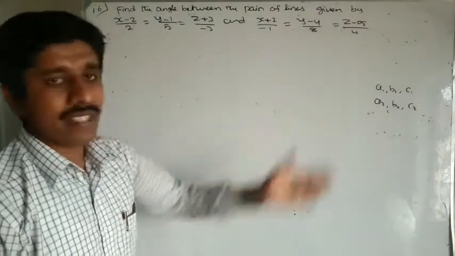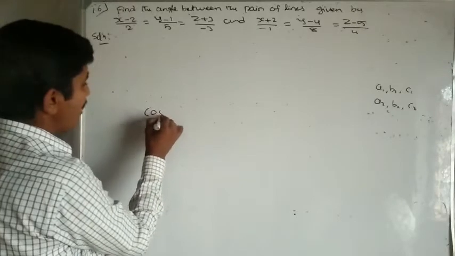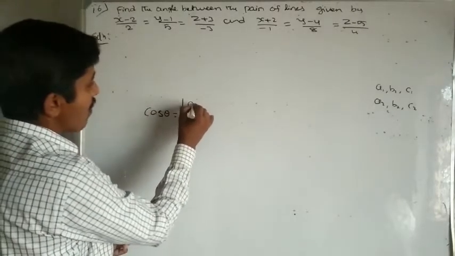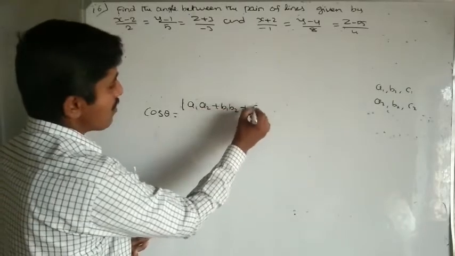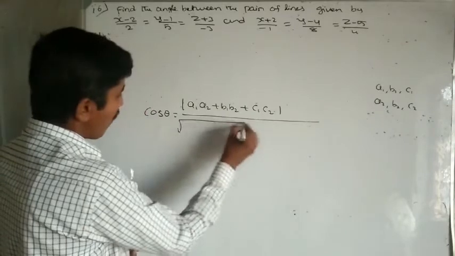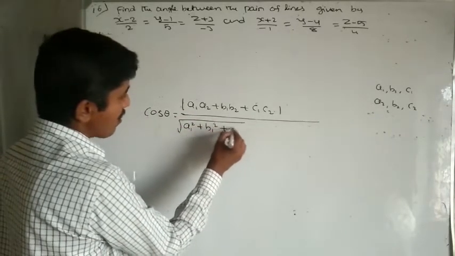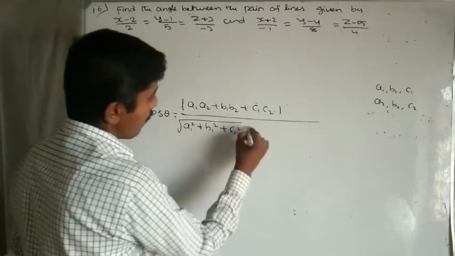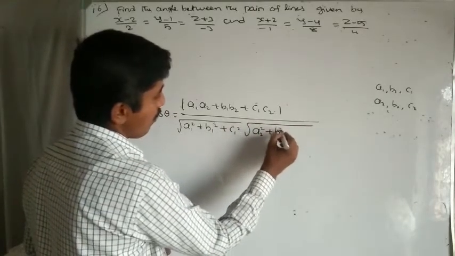Suppose the angle between the two lines is theta. Then cos theta equals the modulus of a1 a2 plus b1 b2 plus c1 c2 divided by the square root of a1 squared plus b1 squared plus c1 squared into the square root of a2 squared plus b2 squared plus c2 squared.